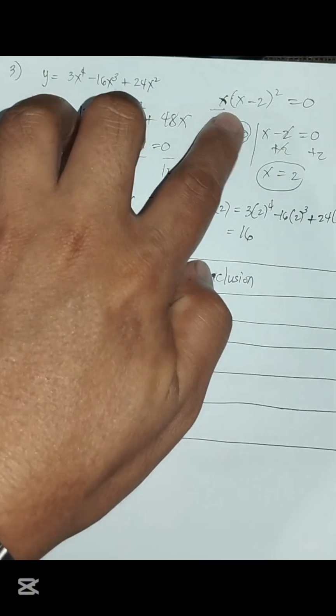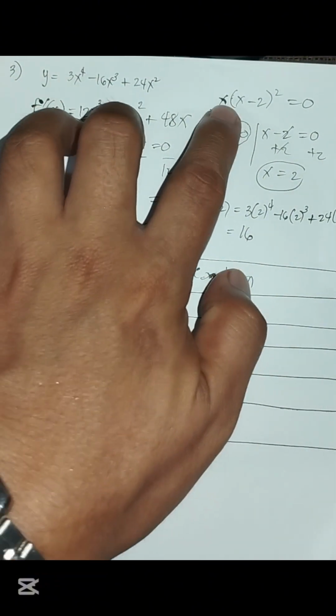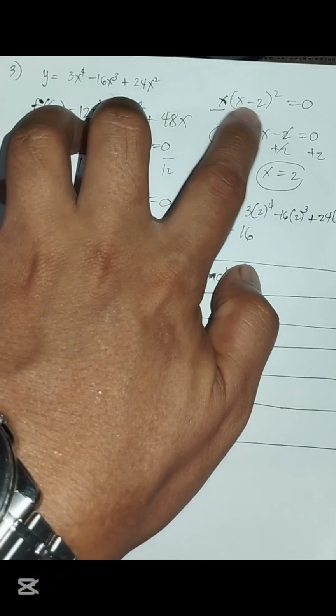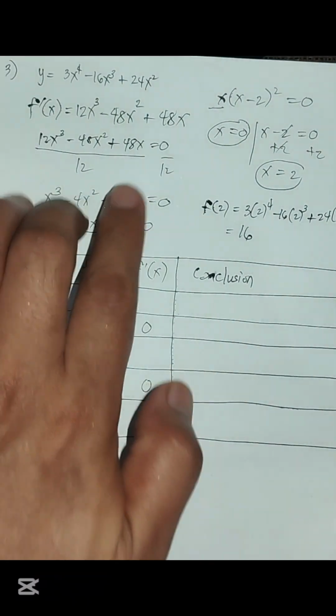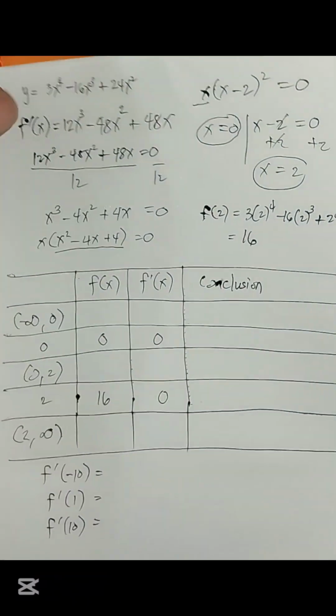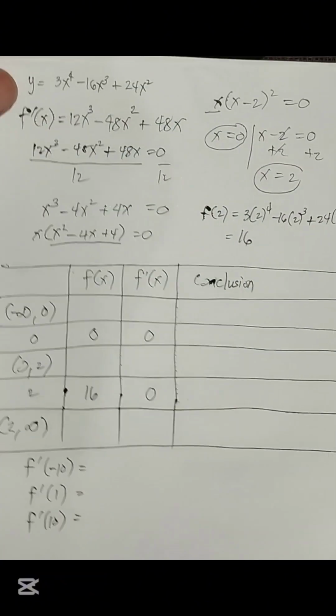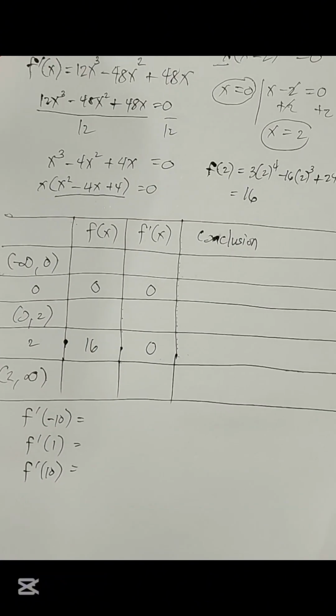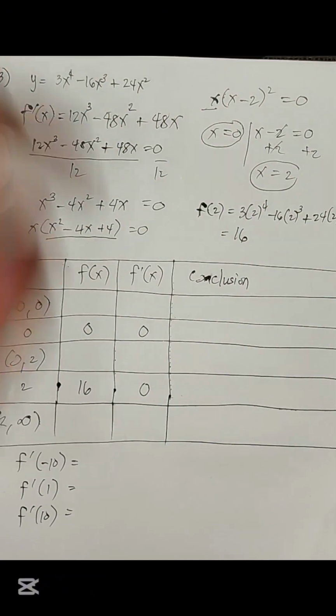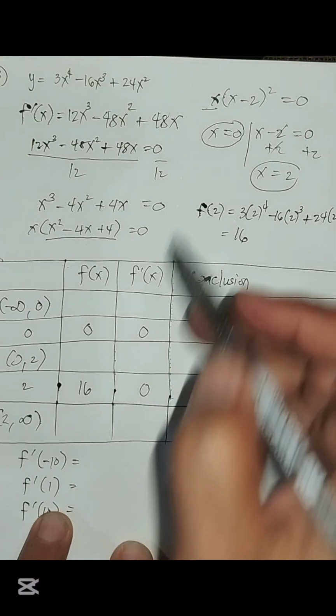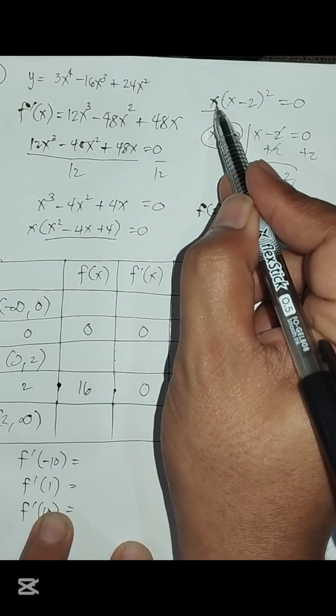Let's use the derivative in factored form, x times x minus 2 squared. We divide by 12, but if we multiply this by 12, the sign does not change because 12 is positive. So let's substitute negative 10 for x.